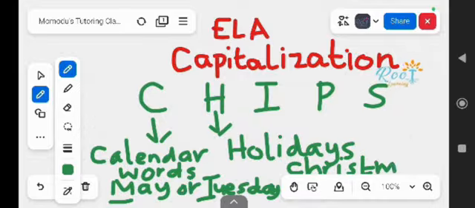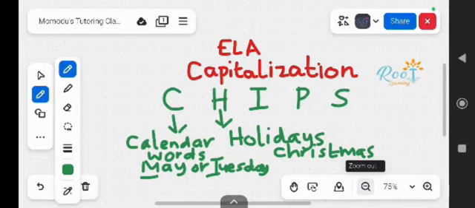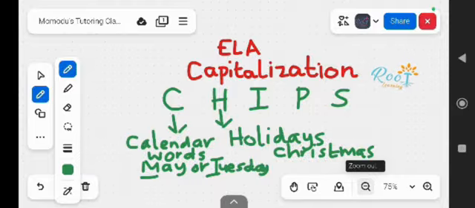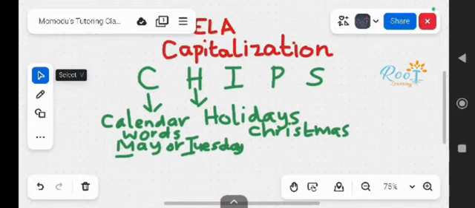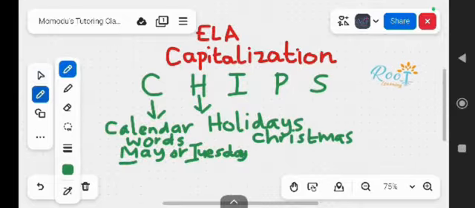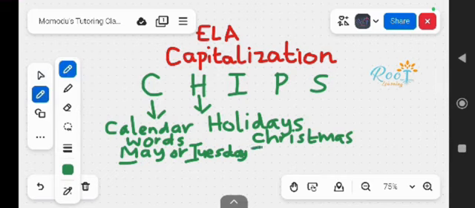Christmas should be capitalized because Christmas is a holiday. So wherever you find Christmas, be it in the beginning of a sentence, at the middle of a sentence, or at the end of a sentence, Christmas should be capitalized. So I'm going to underline this.